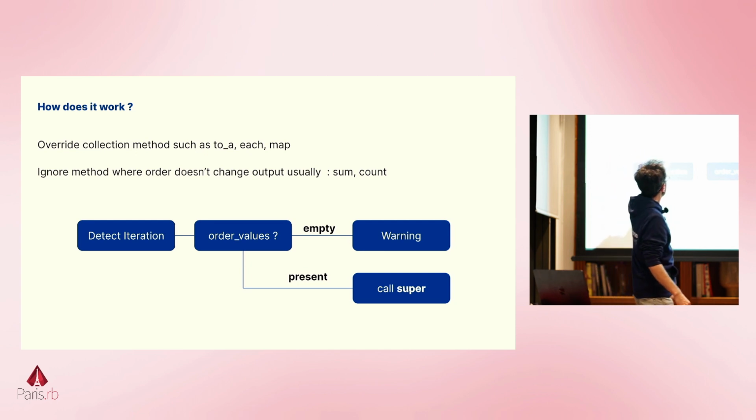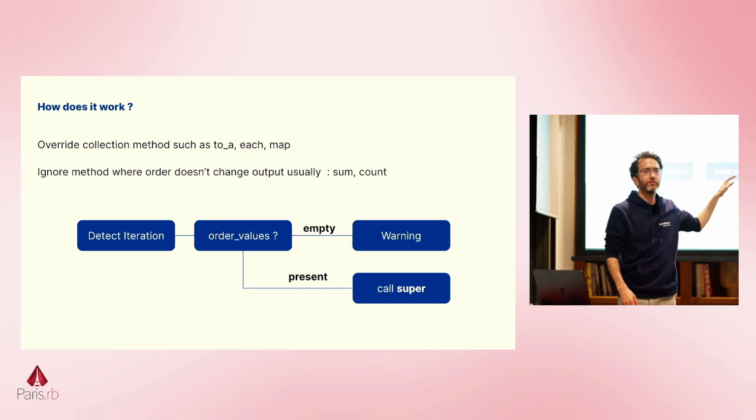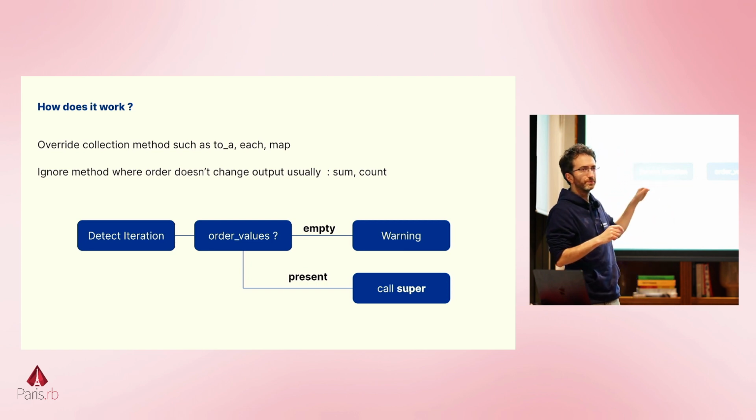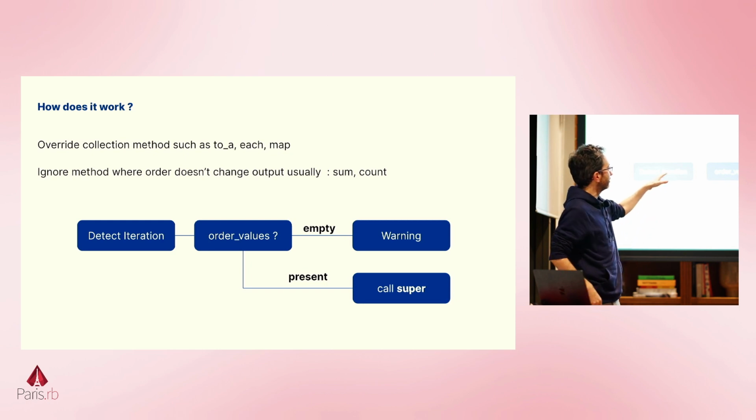So in the overridden method, we detect that we want to iterate because we call each, and we check the attribute order_values. In ActiveRecord, when you say product.order(:names), it stores in the relation names in the attribute order_values. So we check it. If it's empty, we emit the warning, raise or log. If it's present, we call super.